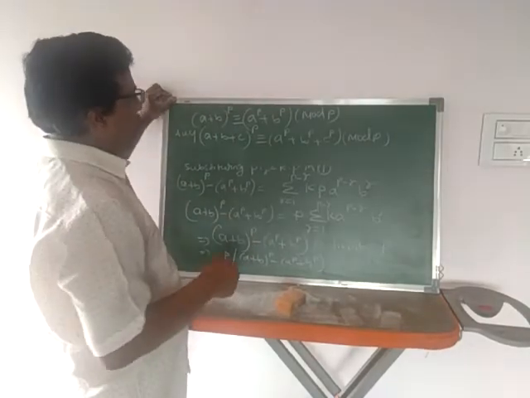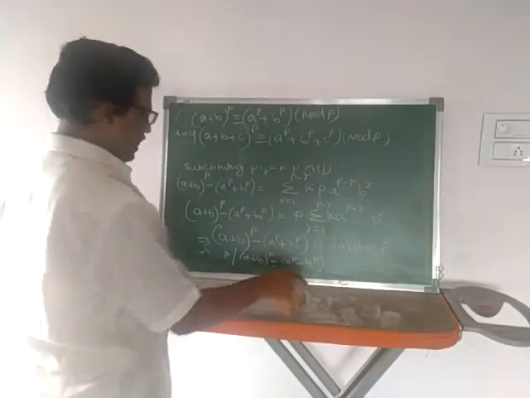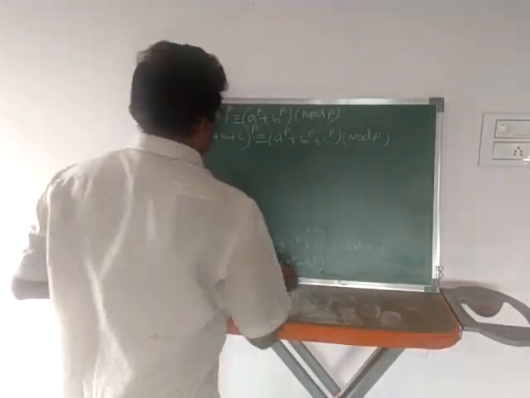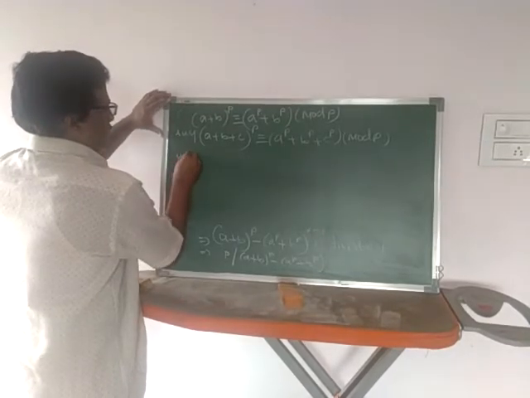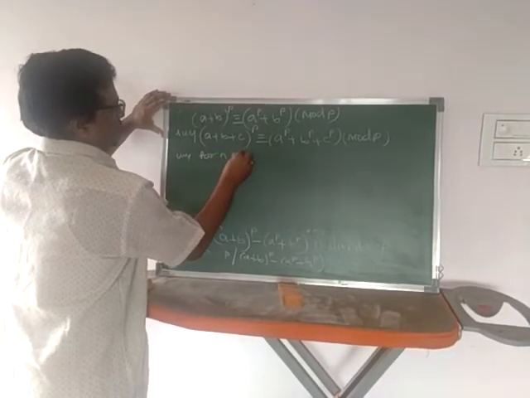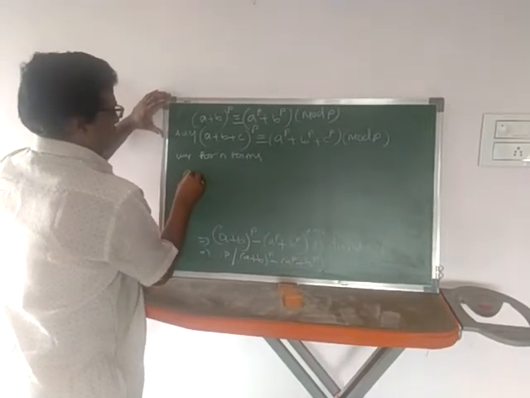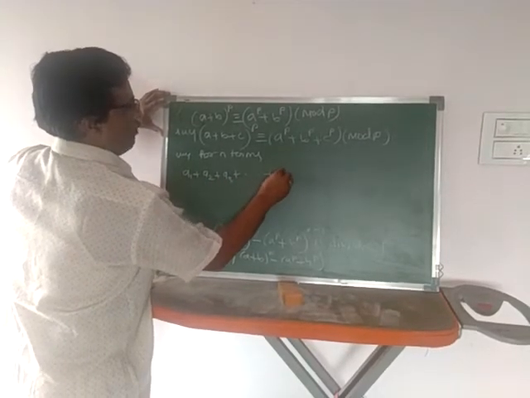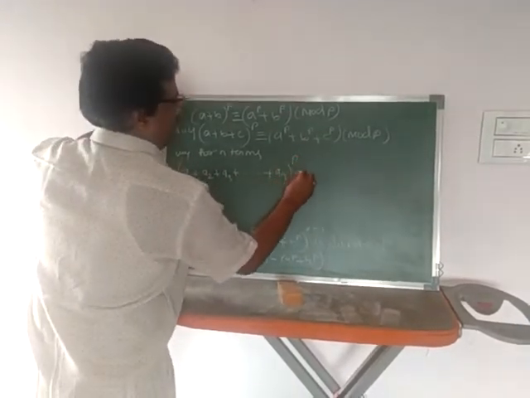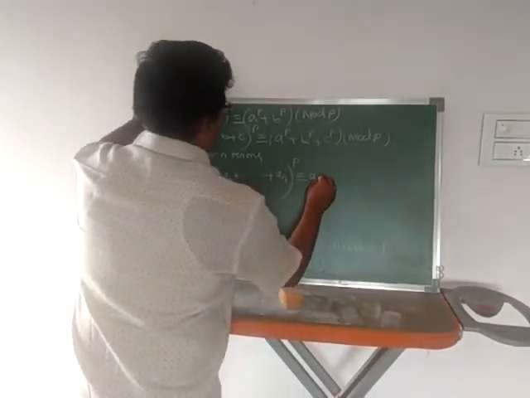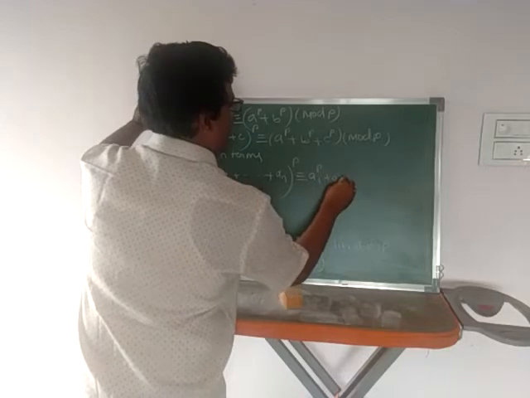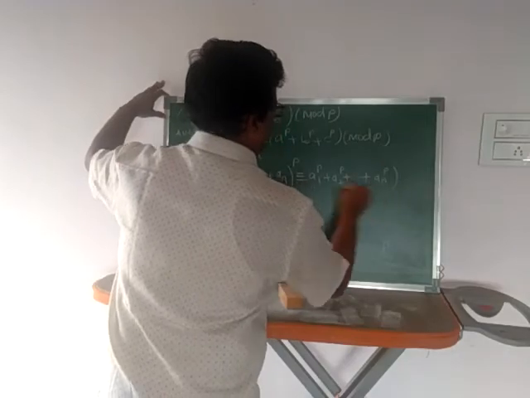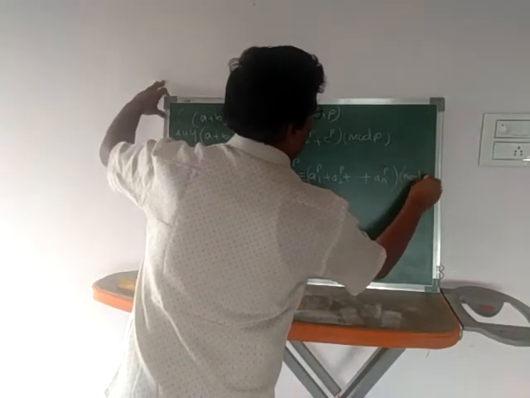Similarly, if it contains n number of terms, say a1, a2, a3 and so on up to an, then we write similarly for n terms (a1 plus a2 plus a3 and so on up to an) whole raised to p is congruent to a1 raised to p plus a2 raised to p and so on up to an raised to p mod p.